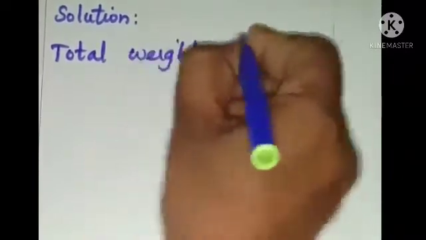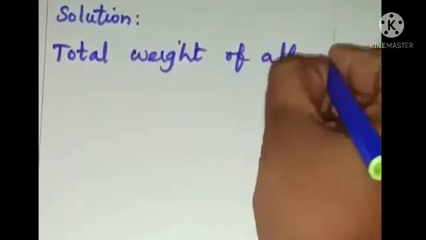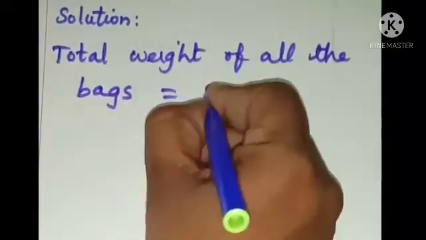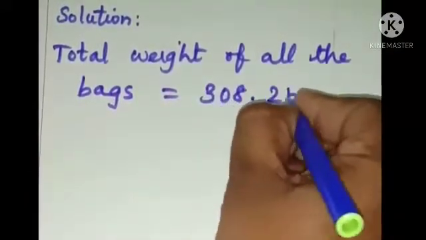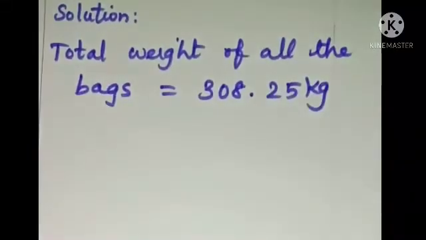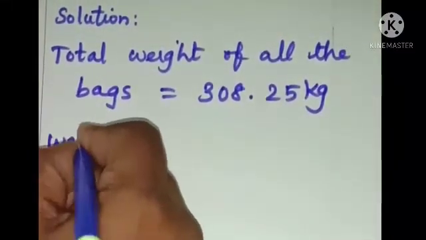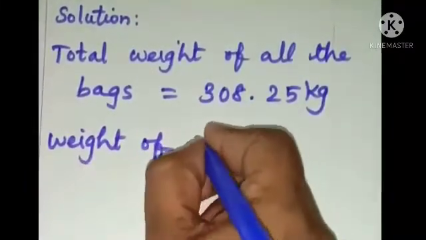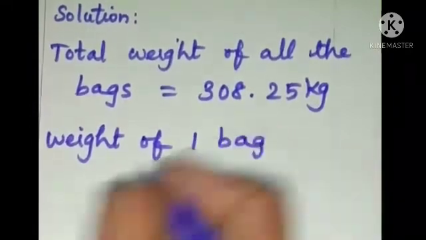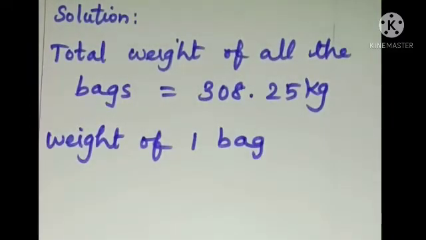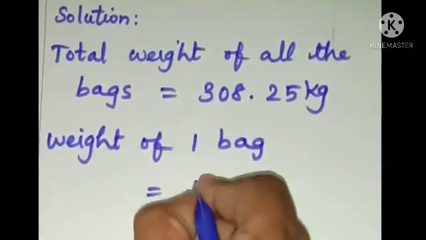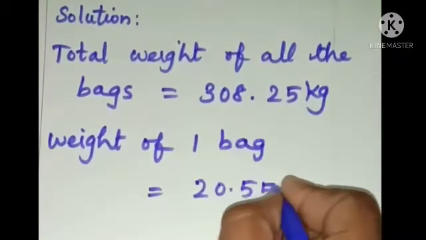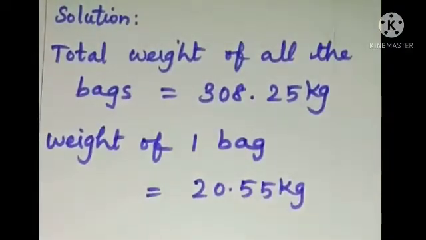Total weight of all the bags is equal to 308.25 kg. Okay. And then weight of one bag. Children, weight of one bag is equal to 20.55 kg is given. Okay.